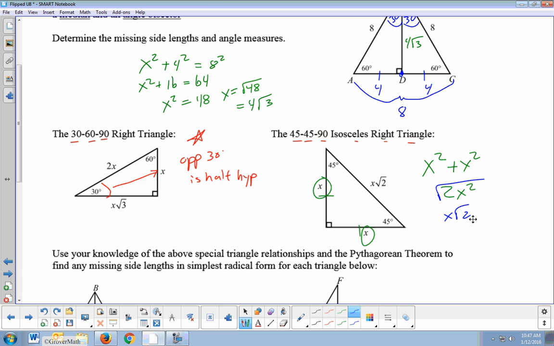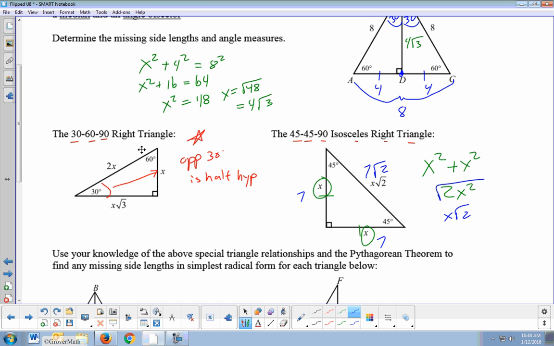That's just x. So the shortcut here is if I know this is 7, well, this has to also be 7. I can do Pythagorean theorem, or I could just jump to the shortcut that this is going to be 7 rad 2. It's whatever my side length is, rad 2. Just like this is whatever my opposite 30 is, rad 3.